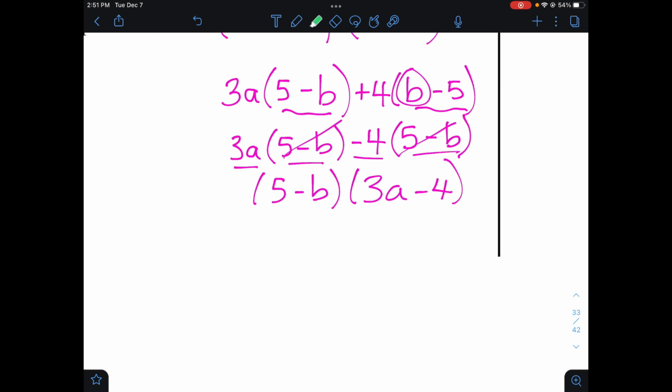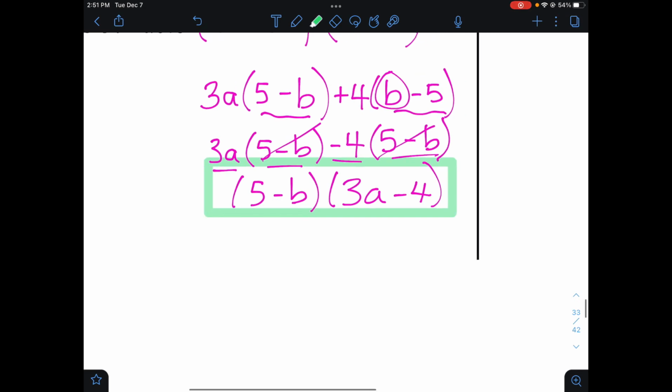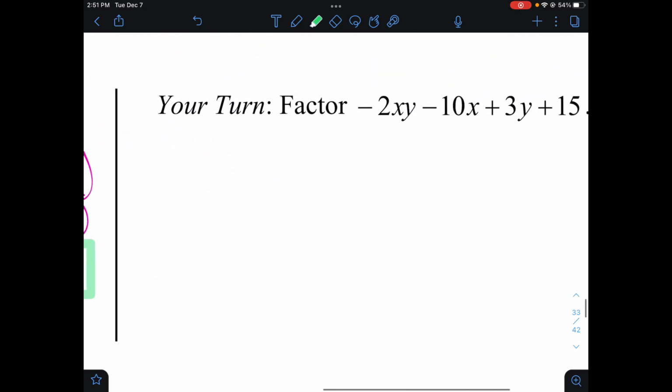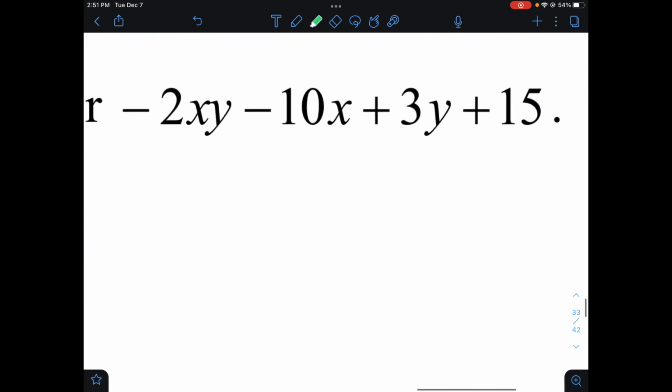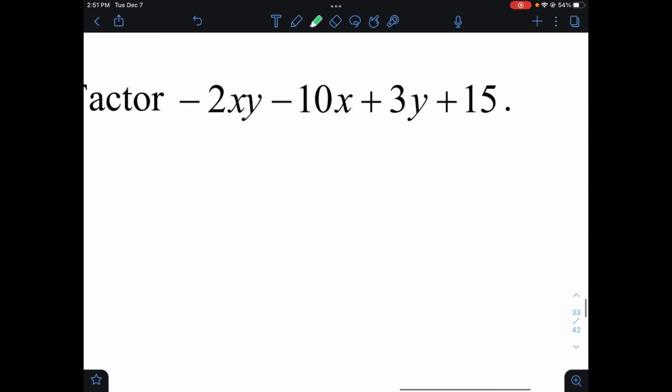And again, to double check this or to check your work, FOIL them back together, what you guys did the other day, and make sure it's correct. All right, pause the video, try this your turn, then come back and check.